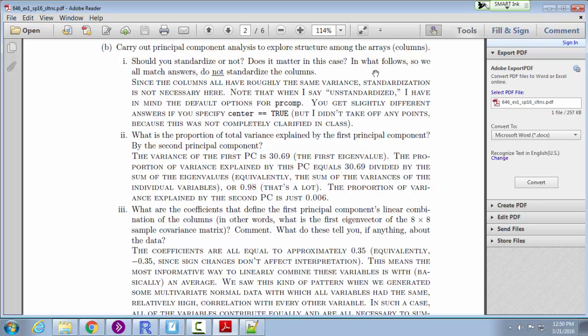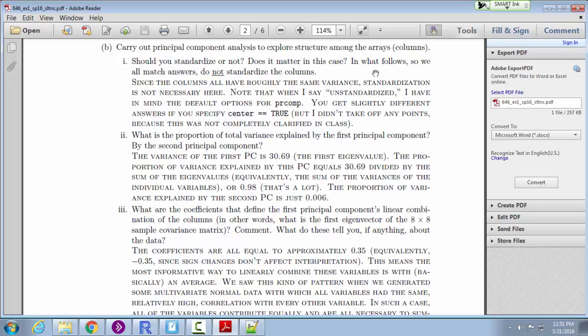Remember, the standardization versus not standardization question is one of: are the things we're about to search for structure among, in this case the columns, different in scale substantially? Do we have one column that has a variance of 1 and another column that has a variance of 100?